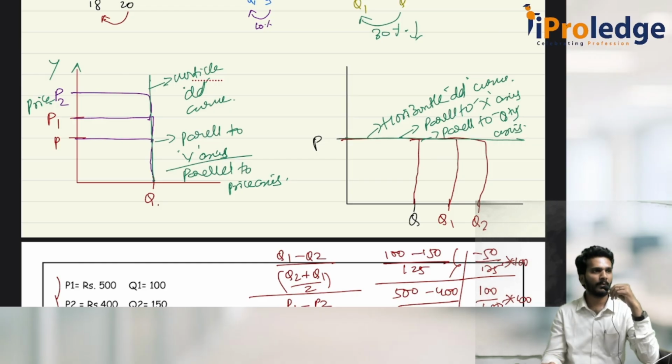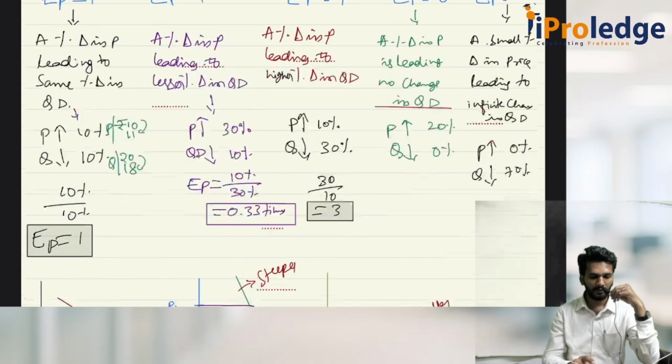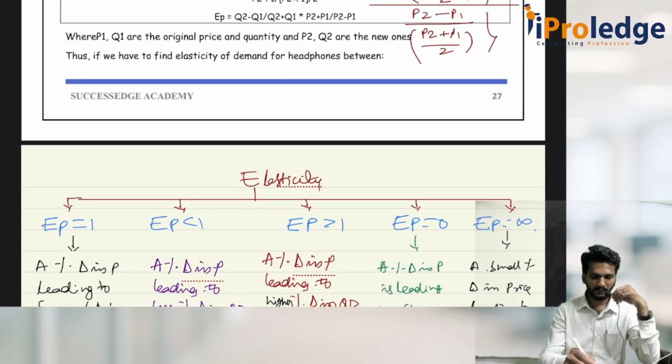So how do we interpret these elasticities? The elasticities are interpreted based on whether it is equal to 1, more than 1, less than 1, 0 or infinity. Here, economists have given some other names for this.